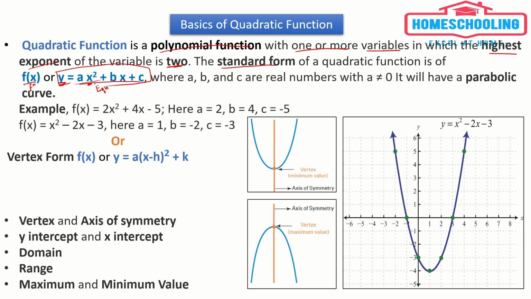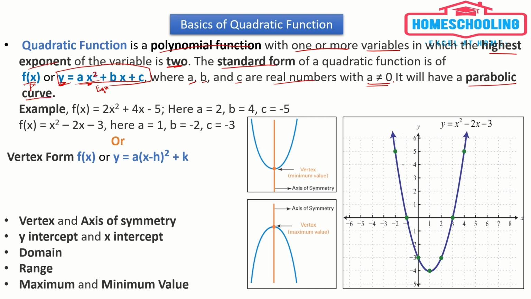So any equation which has a highest exponent of the variable equal to 2, as we can see here, will be called a quadratic function. Here a, b, c are real numbers, and a can never be equal to 0. And one more thing, a quadratic equation will give a parabolic curve.